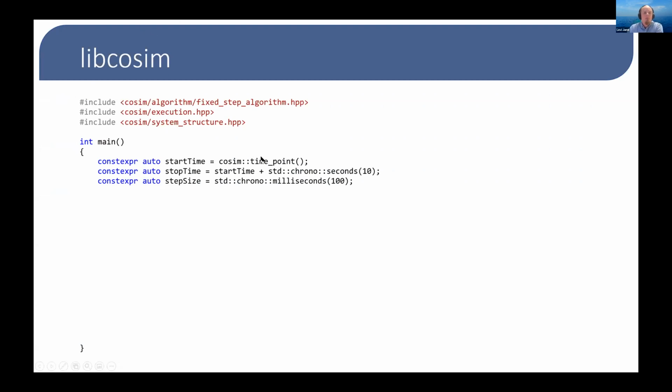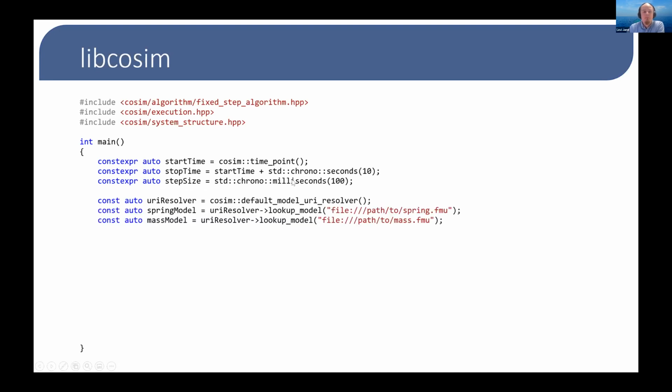In this example, we defined start time, stop time, and step size for the simulation. It will start at 0, simulate for 10 seconds, and use a step size of 100 milliseconds.